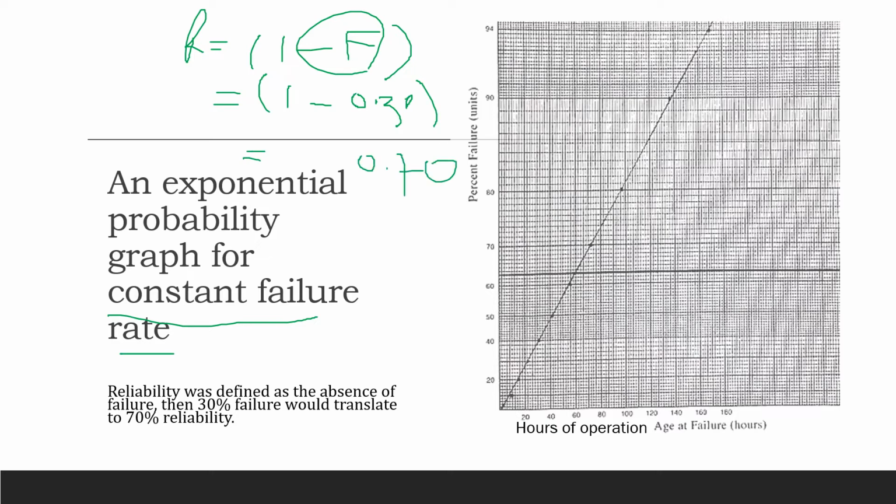So in decimal, 0.70, which is 70% reliability in percentage. That 30% failure translates to 70% reliability by subtracting from 1.